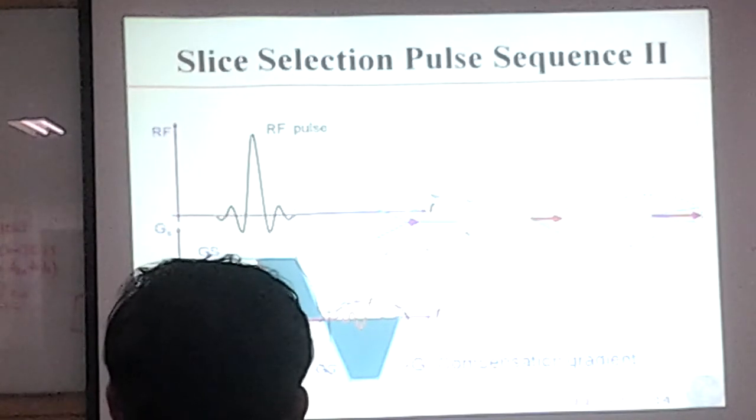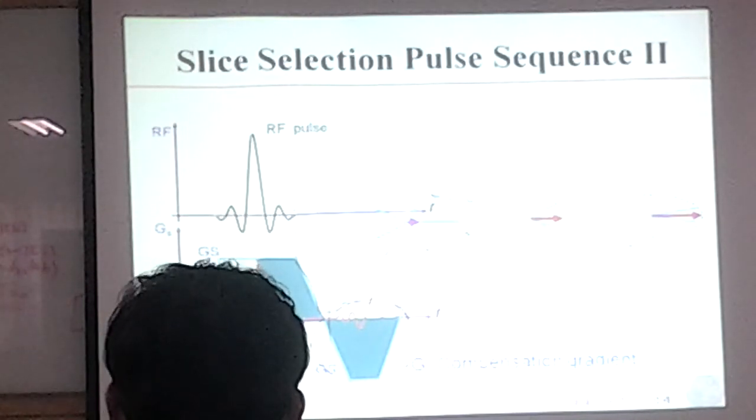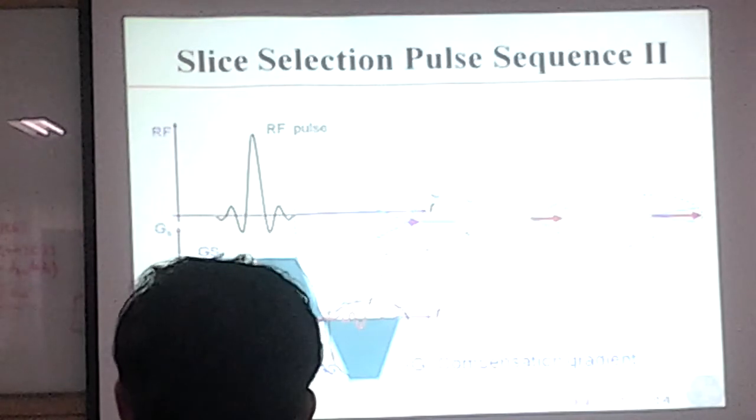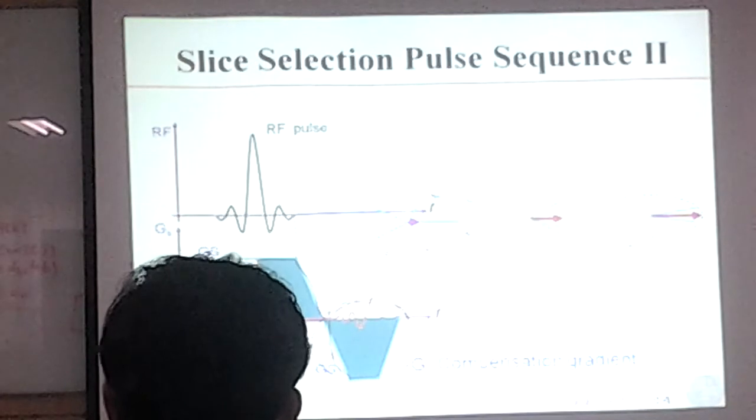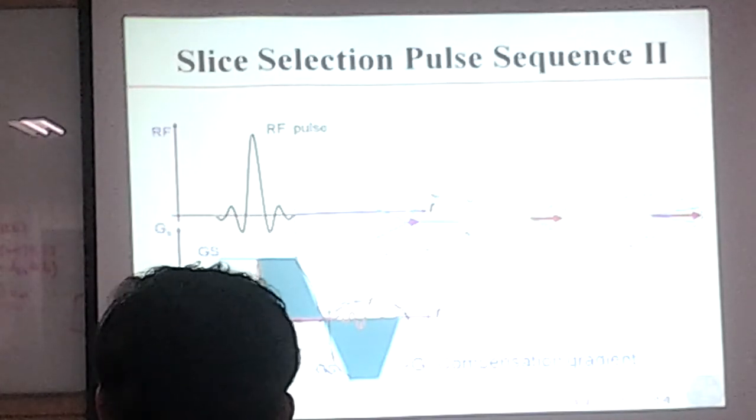So the dispersed spins rotate in the opposite direction according to the compensation gradient. So the spins come together like this. After the end of the compensation gradient, the spins have a maximum value of vector summation here.